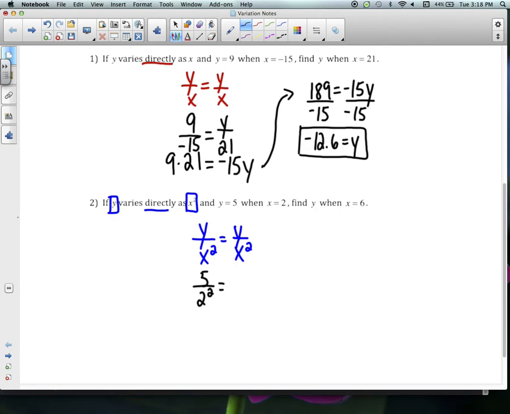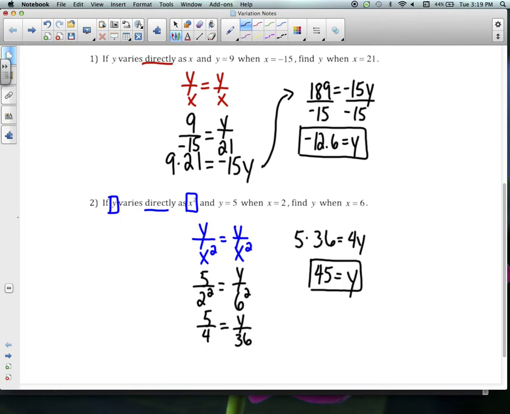So we're going to do y over 6 squared. So I skipped a couple calculating steps there.